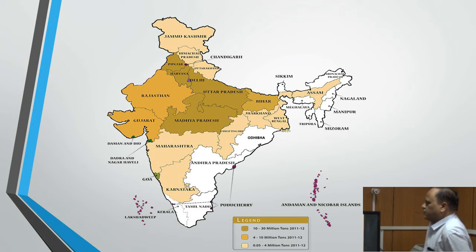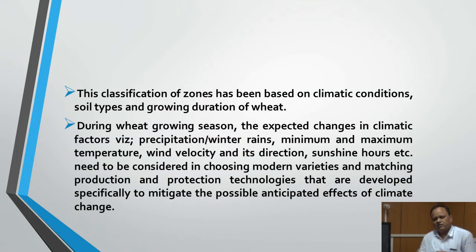Actually, the classification of the wheat in India has been done in 6 different zones, and the basis of classification of zones has been based on the climatic condition, soil types, growing duration of wheat, snowfall, fog and others.